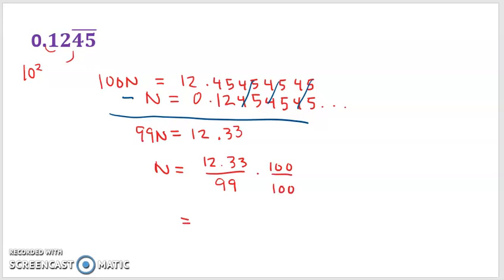And so you'd have 1233 divided by 9900. Let's check. Again, it would probably be able to be simplified, but all we're trying to do is express this as some fraction. Let's check.